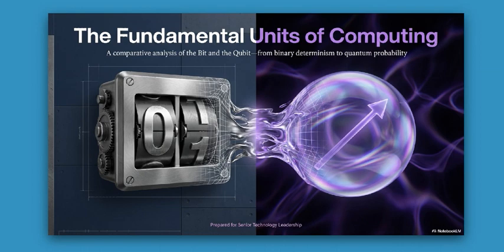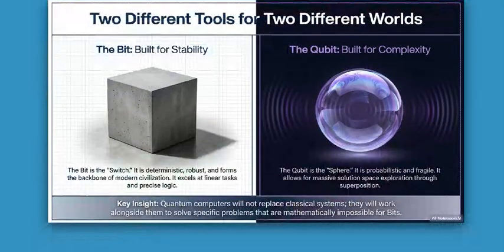So we have the switch versus the sphere, but before we get too deep into the sci-fi aspect of this, the source material makes a really key insight early on that I think we need to clear up for everyone. The replacement myth. Exactly. Because I think people hear quantum computers and they automatically think, great, my next smartphone is going to have a battery that lasts forever and calculates everything instantly. That is the number one misconception out there. But the analysis explicitly says quantum computers will not replace classical systems.